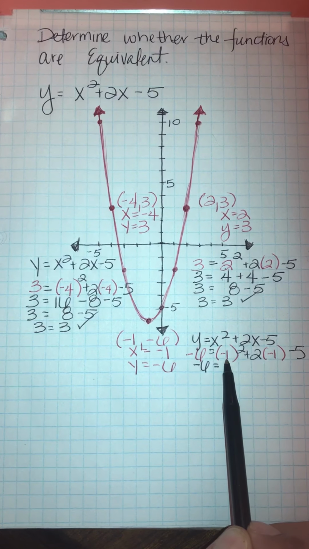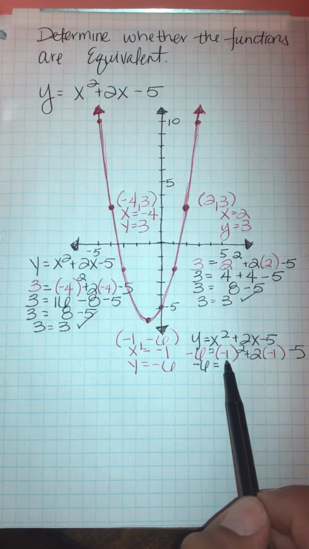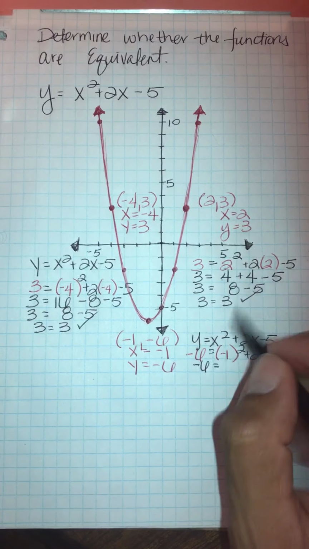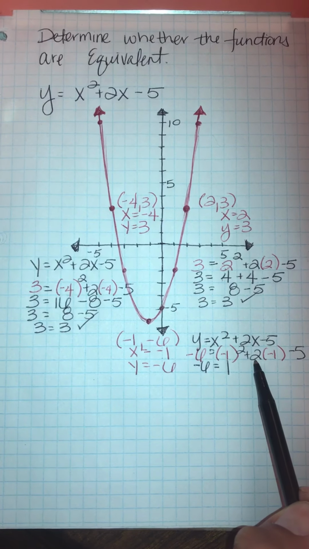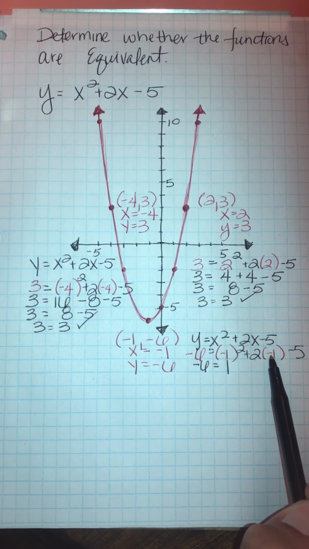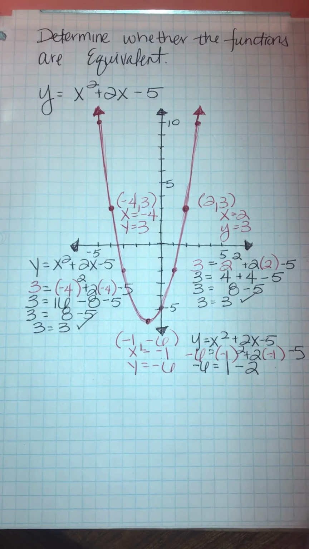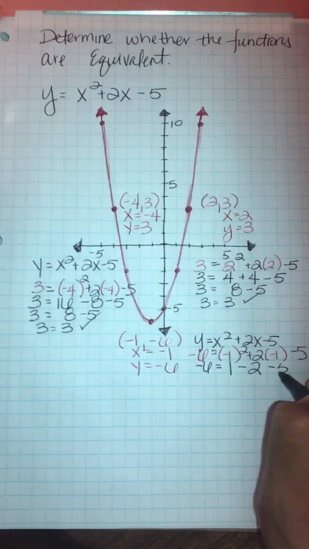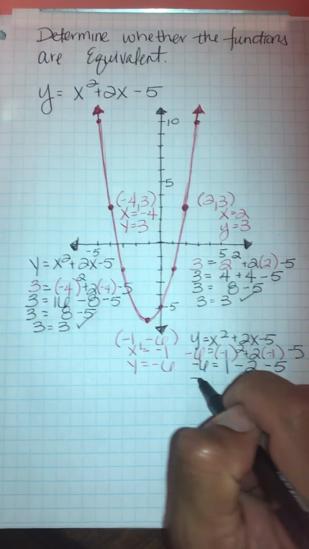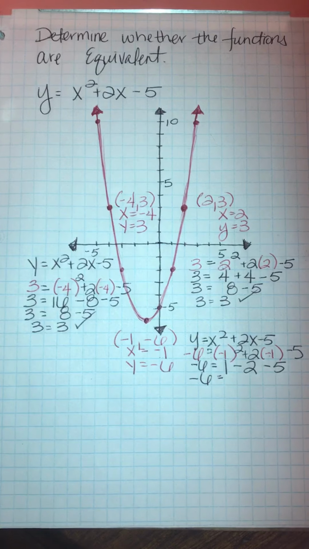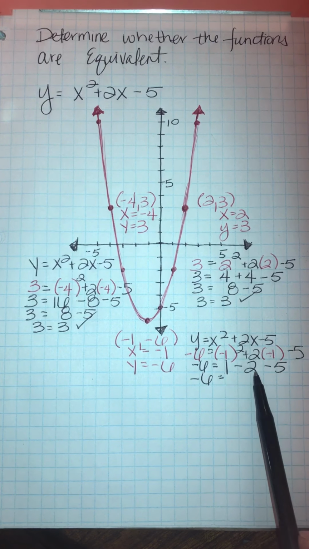-1 times -1 is... +1, sorry. I'm sorry. -1 times -1 is +1. See, made a mistake. I'm human. +2 times -1 is -2. Bring down the -5. And we simply combine: the -6, nothing happens to it. Here we have 1 minus 2.